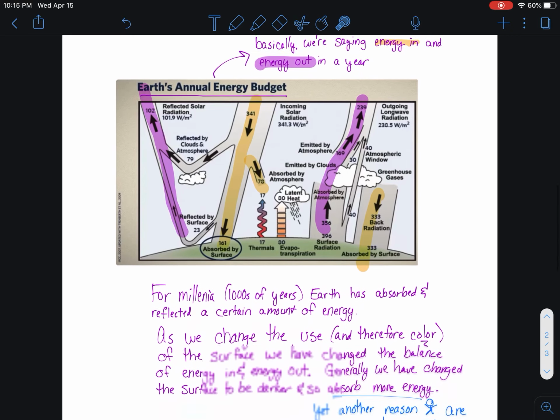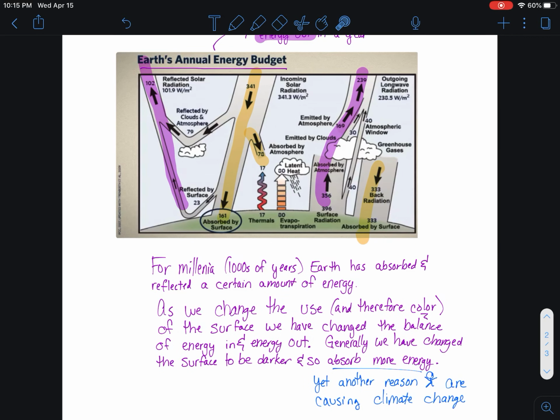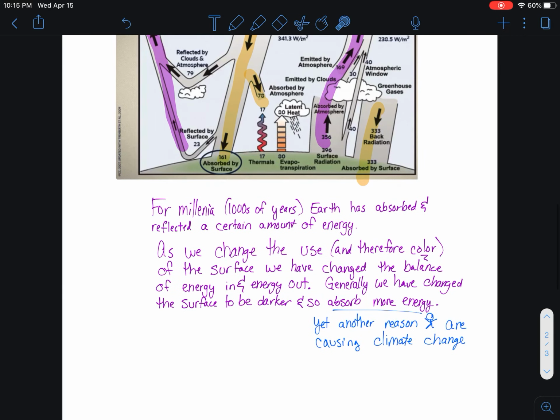Generally speaking, the changes we are making are going from lighter colors to darker colors. So with all these words I've written here, what I'm really saying is generally we are changing the surfaces to whereby things absorb more energy because they are darker.